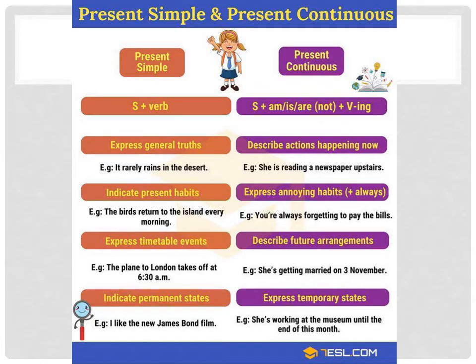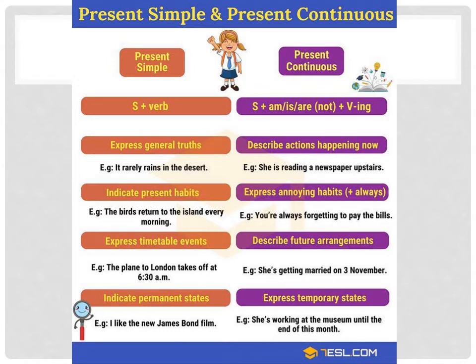Now we will take a look further at present simple and present continuous. First, let's look at the orange part. That is present simple. As you can see, it says S plus verb. What is S? S is the subject. So the subject with the verb. For example, I walk. She walks. He walks. It walks.